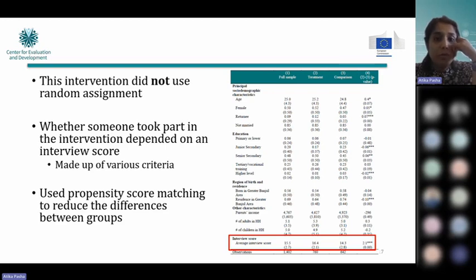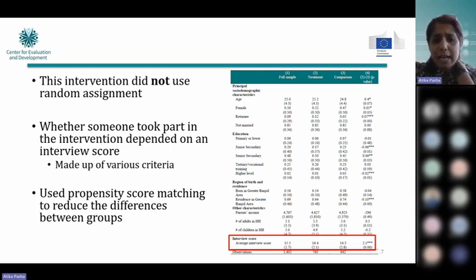So what we had to do was use a quasi-experimental method, and in this case, it's either propensity score matching or coarse exact matching, but we have to use matching. So basically in our sample, find individuals who are similar in characteristics, and then try to understand what the impact of the program is, right?